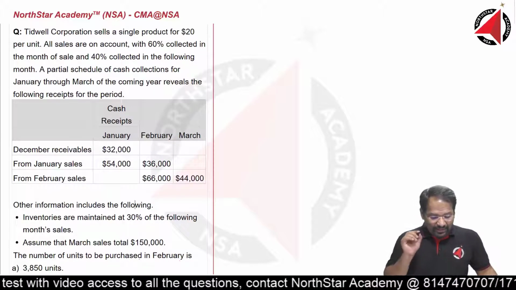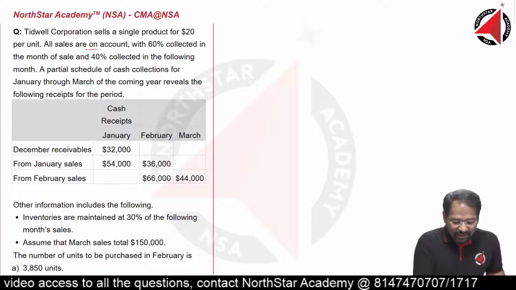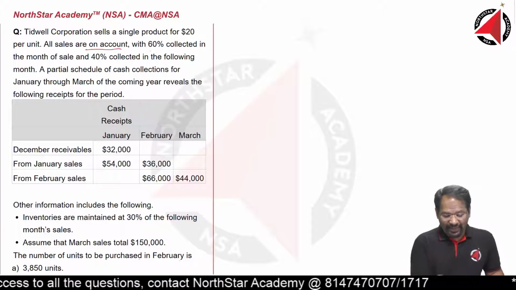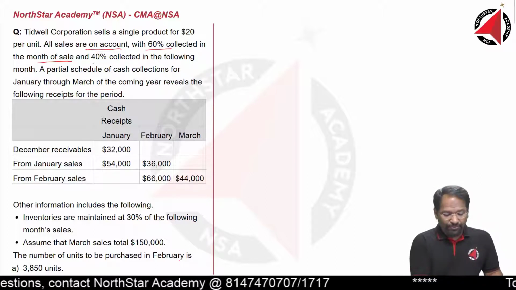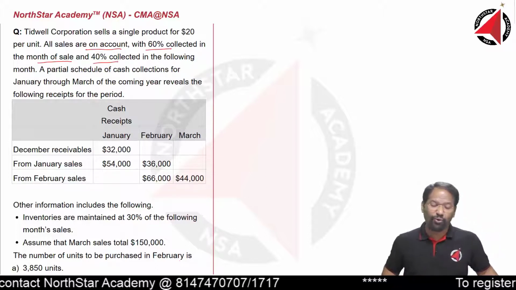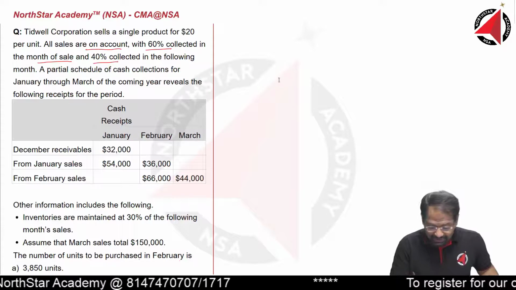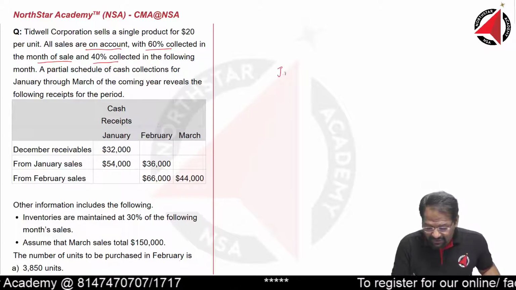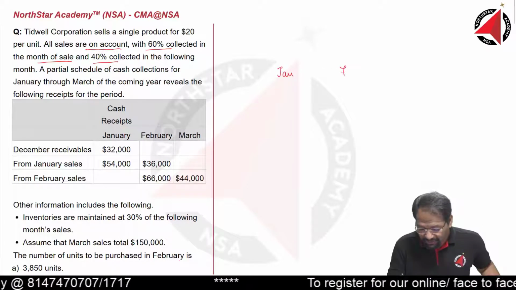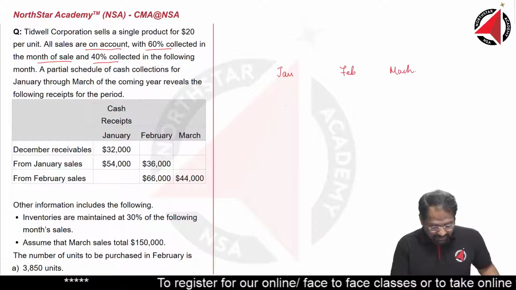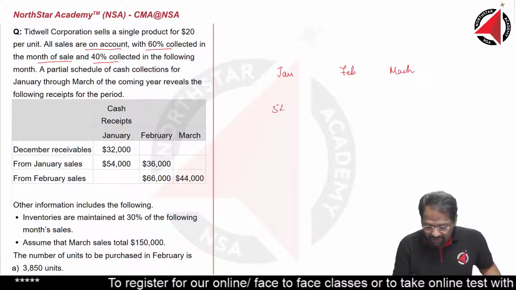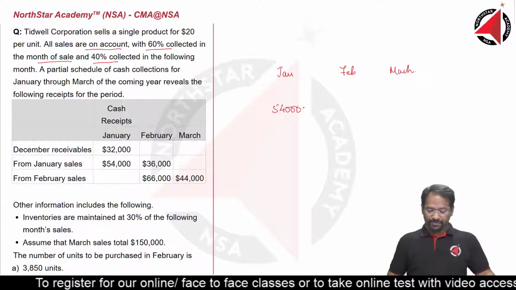First, the important point: the entire sales are on account, which means credit sales, and 60% is collected in the month of sale and 40% is collected in the following month. Let's capture these details for the three months, January, February and March. The collection for January sales in January is 54,000.